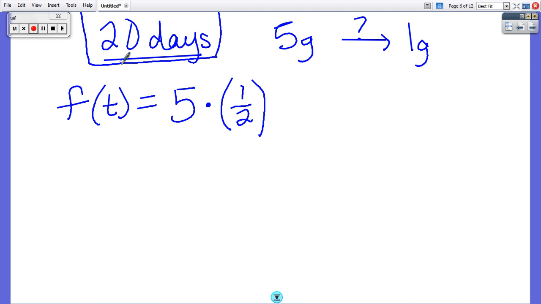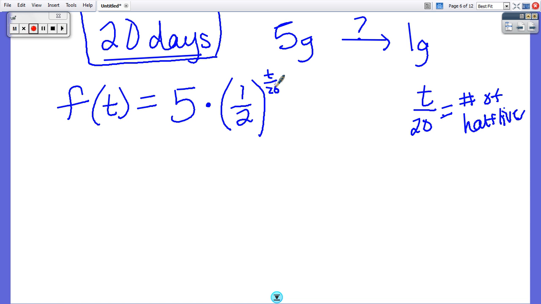So that means that if t is the time in days, t over 20 has to be the number of half-lives that we have. So instead of raising this to just t, we're going to be raising it to t over 20.